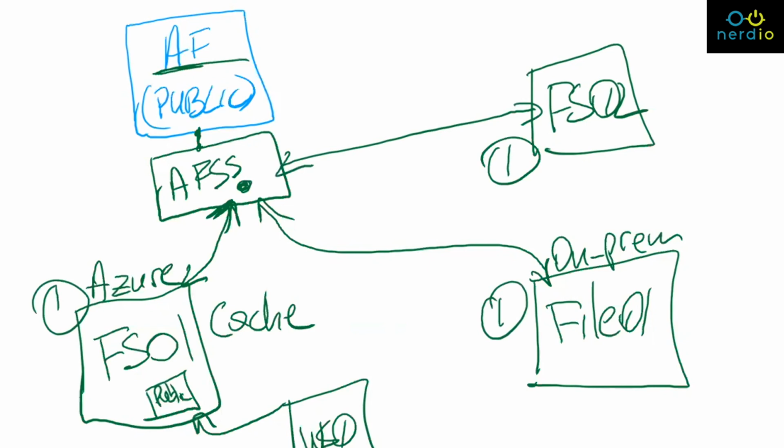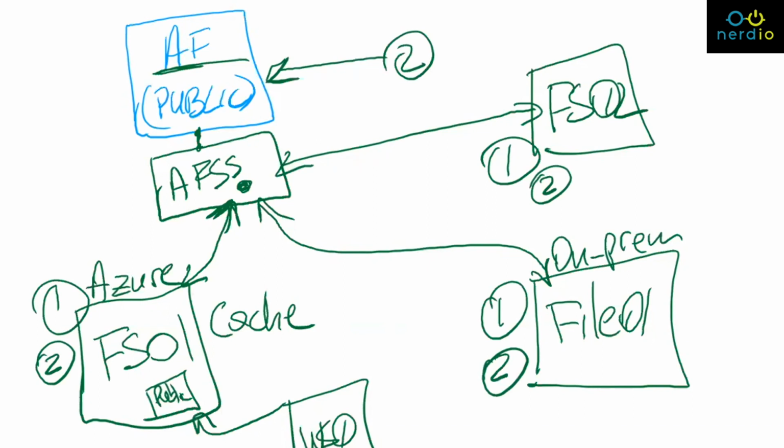Now, what you could also do is make a change directly on the Azure Files, right? So let's say you make a change up here. Within 24 hours, because it has to detect that the change has been made, a change detection job will run, and that change will appear on every sync server that is currently syncing to that file share through Azure File Sync.